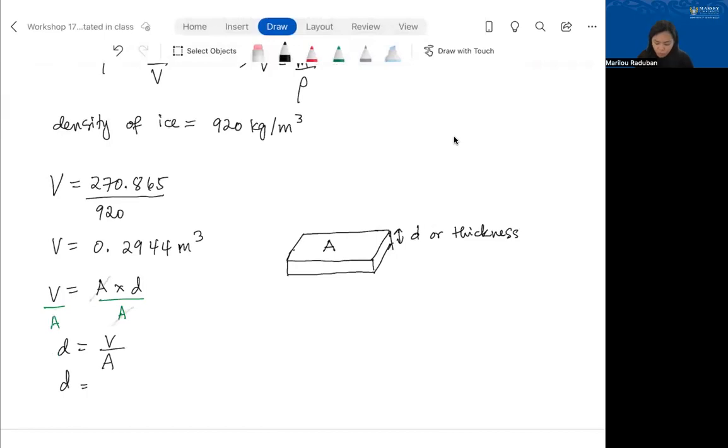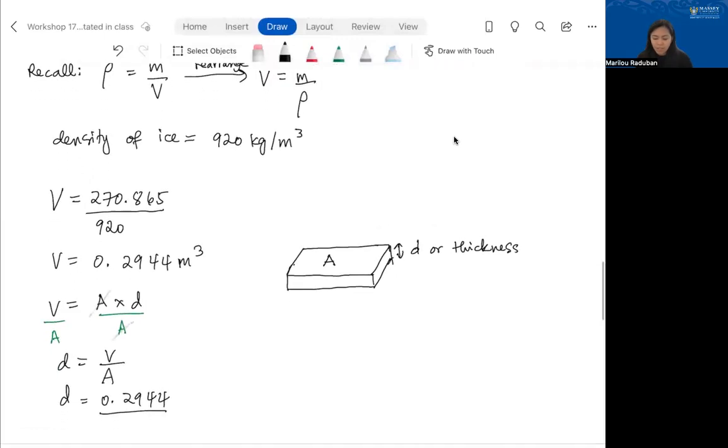Okay, the volume we've calculated to be 0.2944 divided by the area of the sheet of ice. And that was from the previous question.